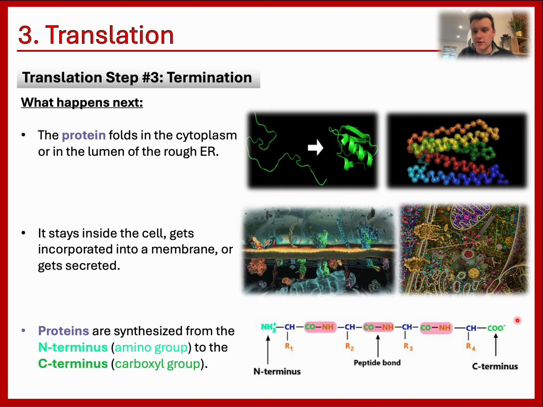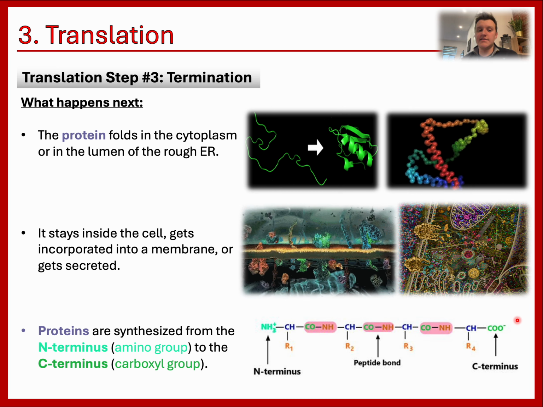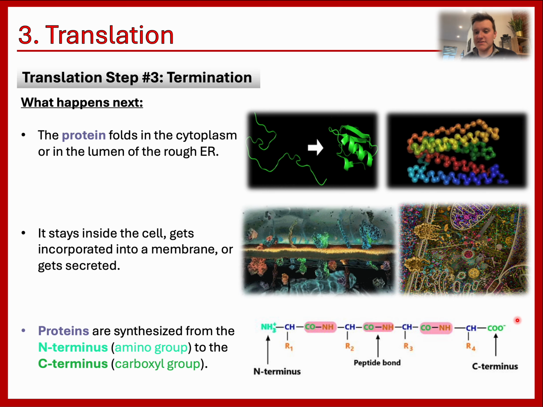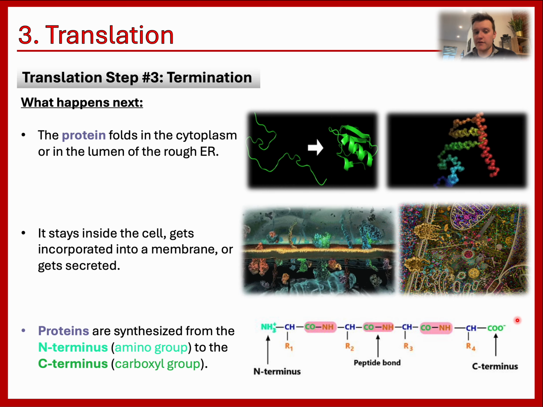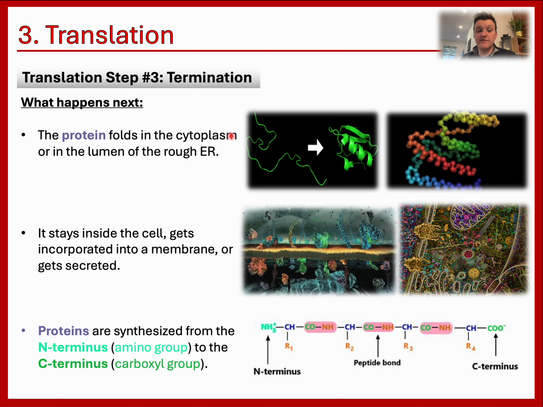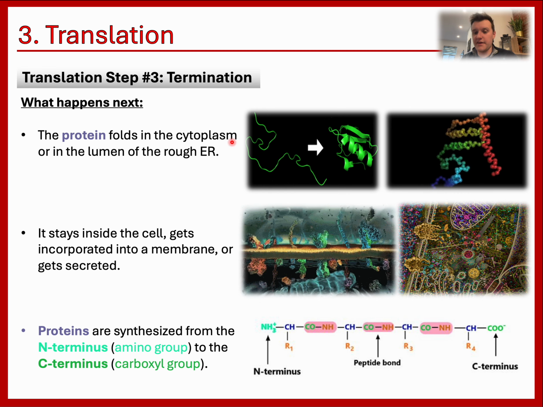So termination occurred. Now, one thing I really didn't stress enough is that the folding of a protein is crucial. If it's not folded well, we can't have our function, right? So the protein is folded in the cytoplasm or in the lumen of the rough ER.